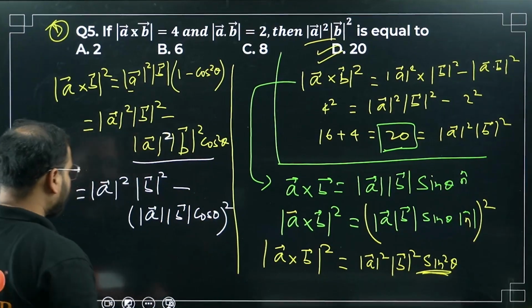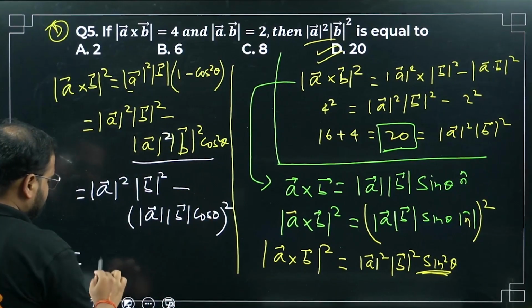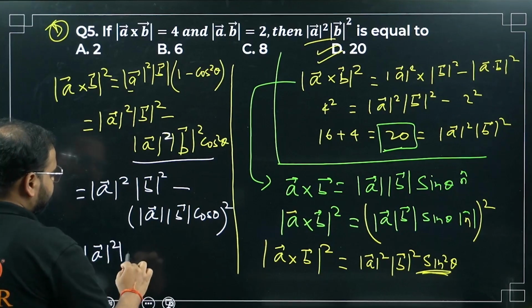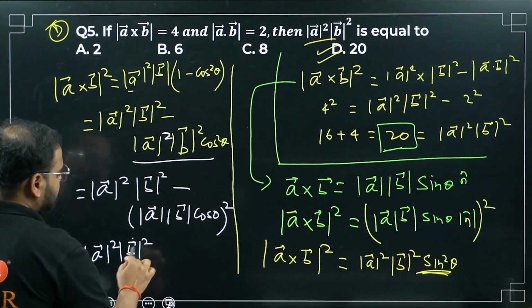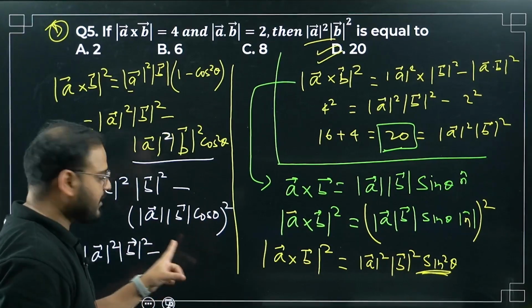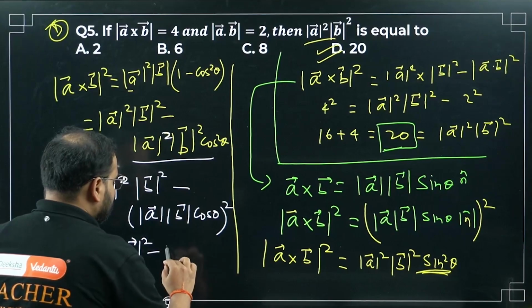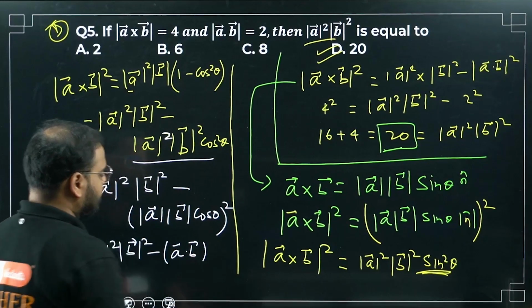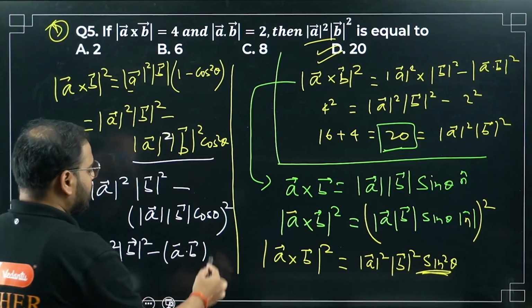Now please see carefully. Minus sign will come, and what is this? AB cos theta. AB cos theta is what, bacha? A dot B, the whole square.